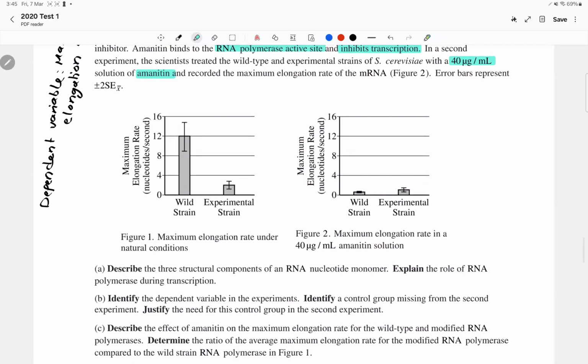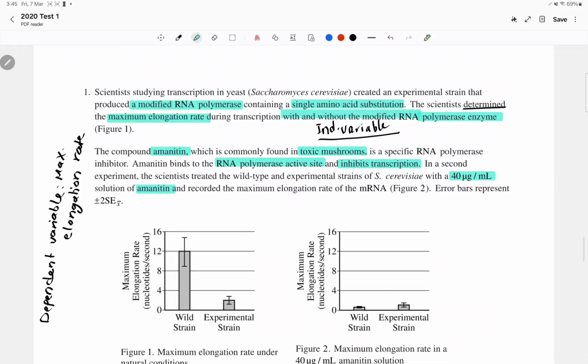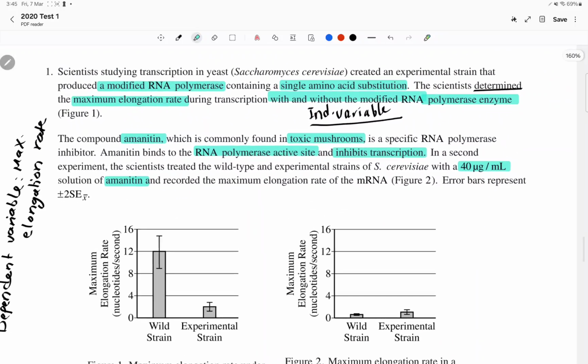So do we have any amanitin in here? No. Can you explain the question? You mean the formation of the question? Okay, so let's just go back for a second.